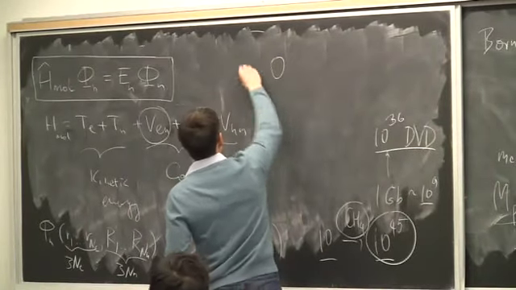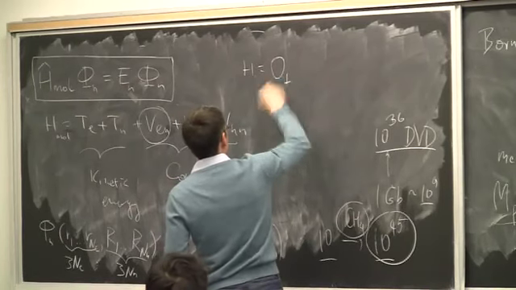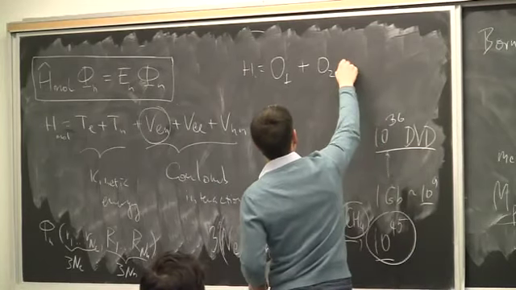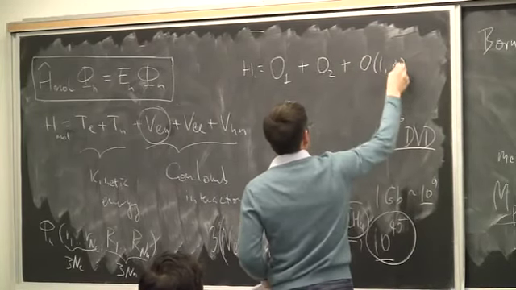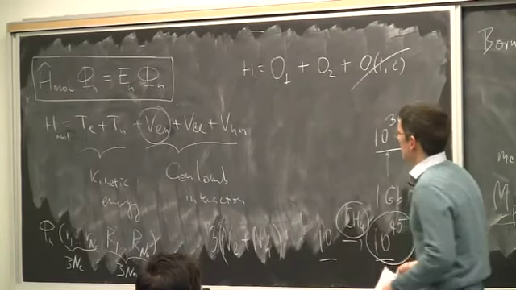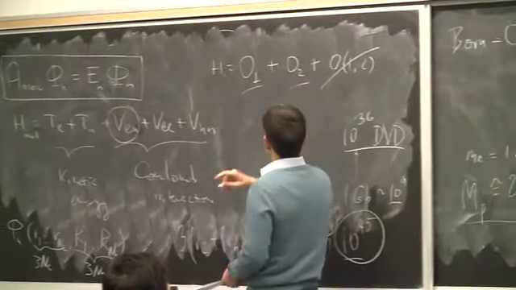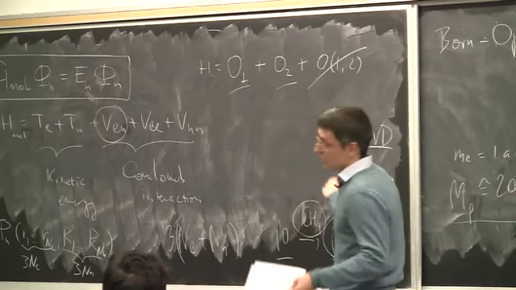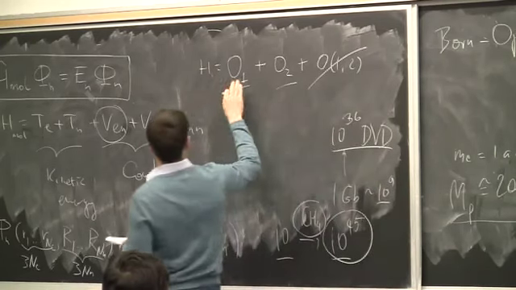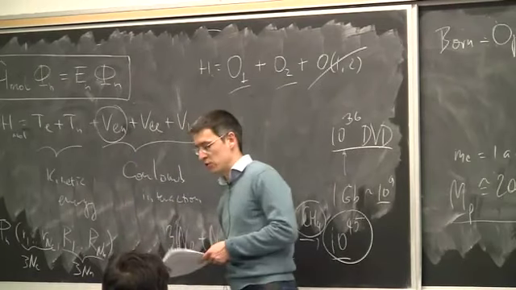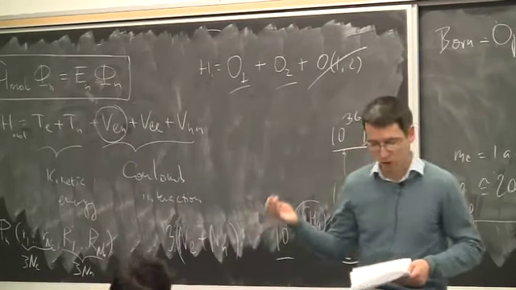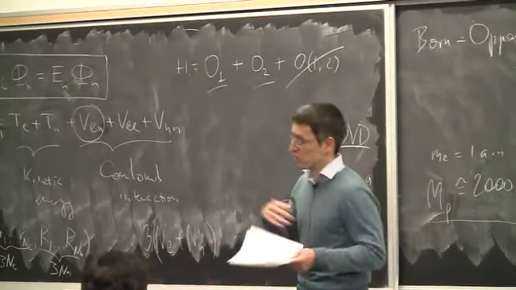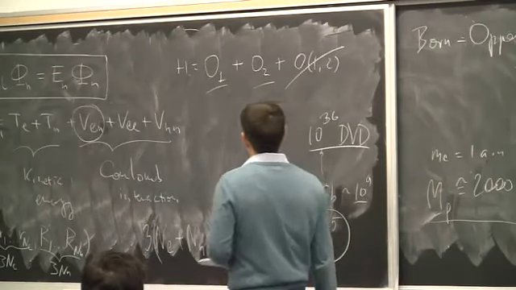If you consider a problem where the Hamiltonian is an operator for one particle plus an operator for another particle, and there is no operator that mixes them, so there is no such term, then you can solve the problem for this one and for that one, and combine the solutions of those two to make the solution of H. That was the case for the particle in a two-dimensional or three-dimensional box, or you can also think of it as two particles which are not interacting in a one-dimensional box. Right, so that was easy.